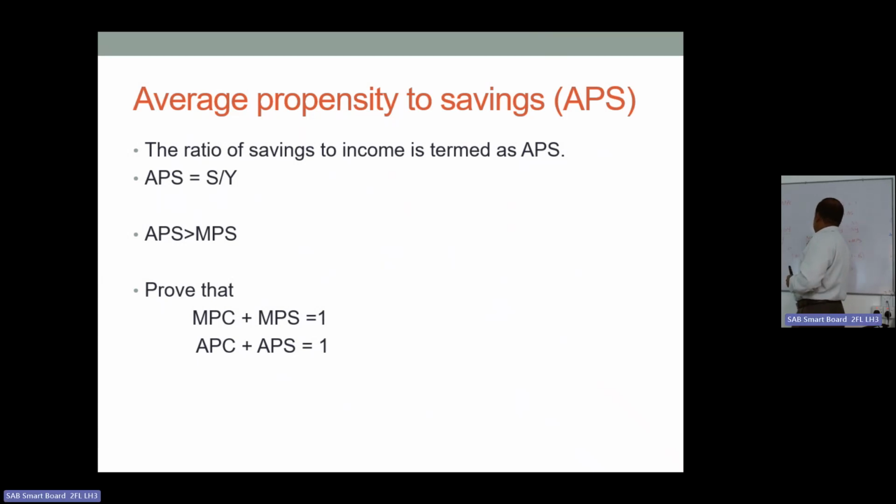Then to prove that, there is a consumption function. So this is delta C over delta Y, that is C over Y plus S over Y, and that will also equal 1. If you simplify the equation, finally you will end up with 1.